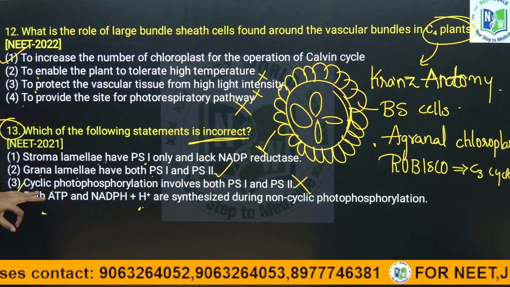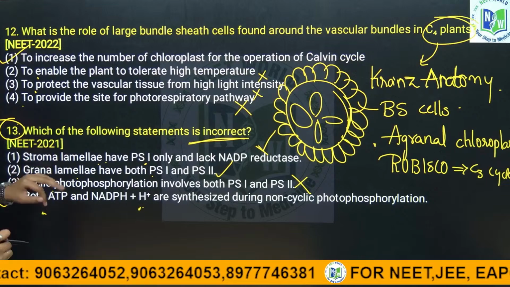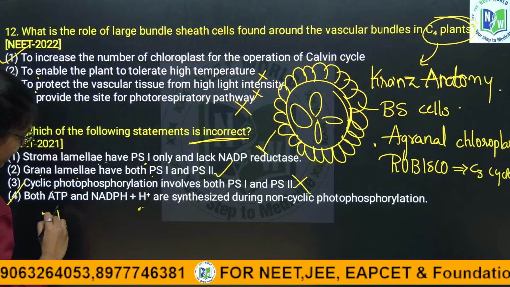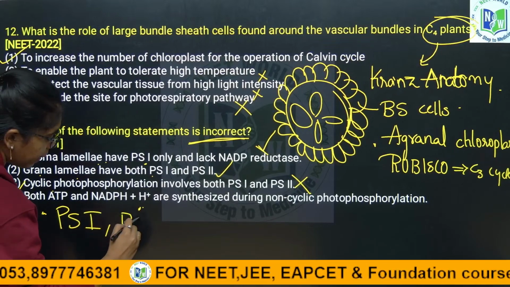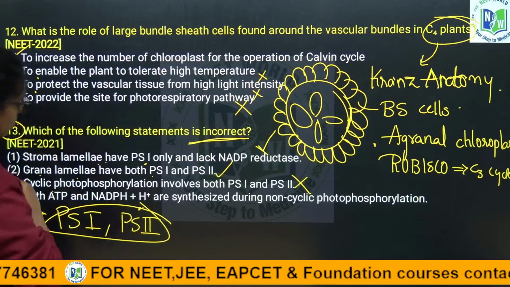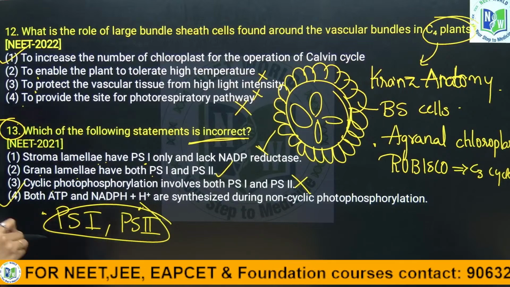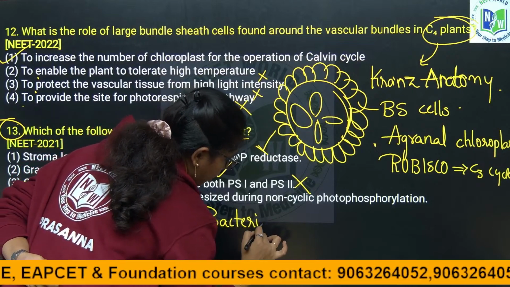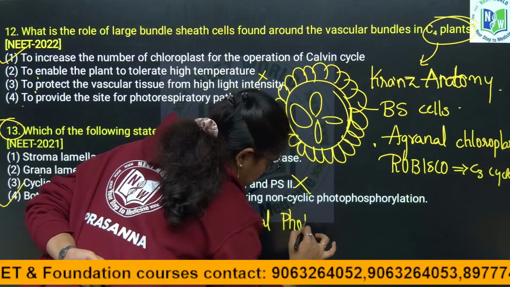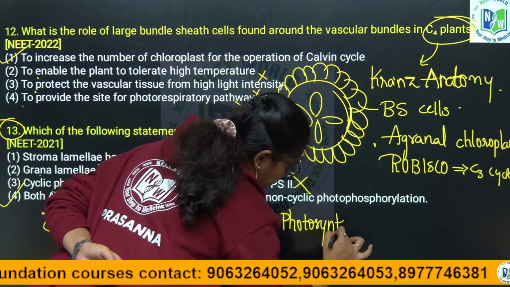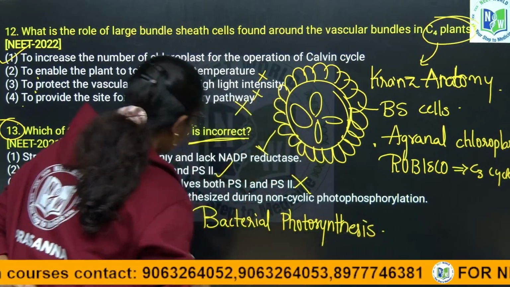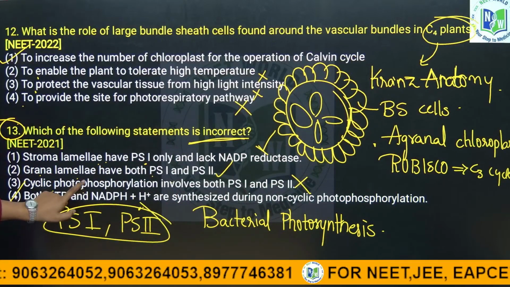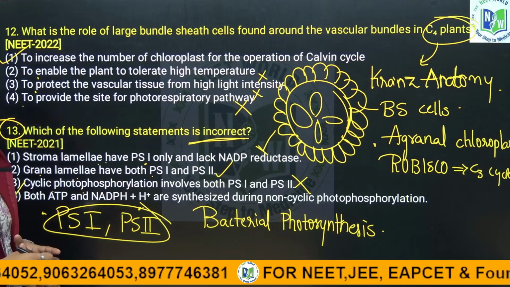Here, if you see statement 3, beta, it says two photosystems, PS1 and PS2, are involved in cyclic photophosphorylation, which is seen in bacterial photosynthesis, wherein in stroma lamellae only one photosystem is present, and that conducts cyclic photophosphorylation.